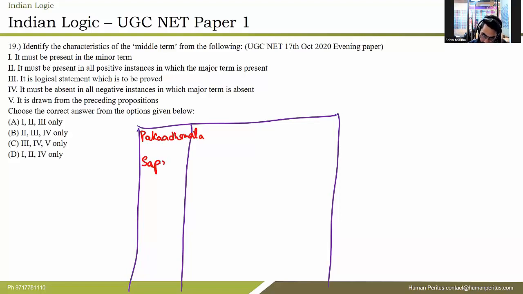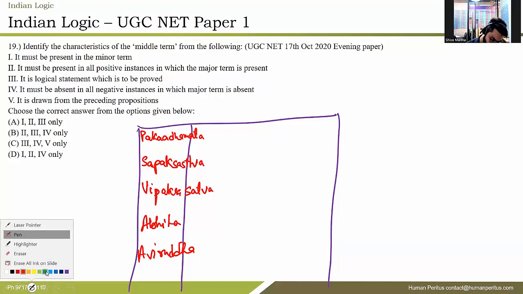Then you have Sapaksha Sattva, Vipaksha Asattva, Abadhitata and Aviruddha. These are the characteristics of a particular middle term. What do these characteristics mean?